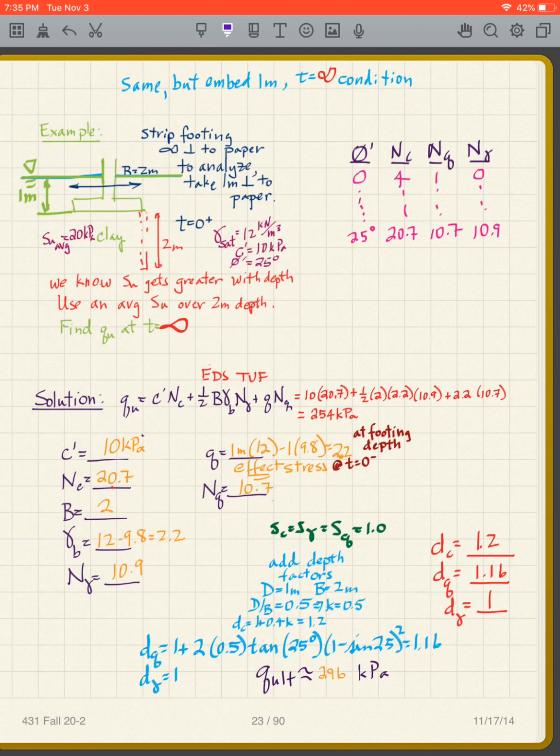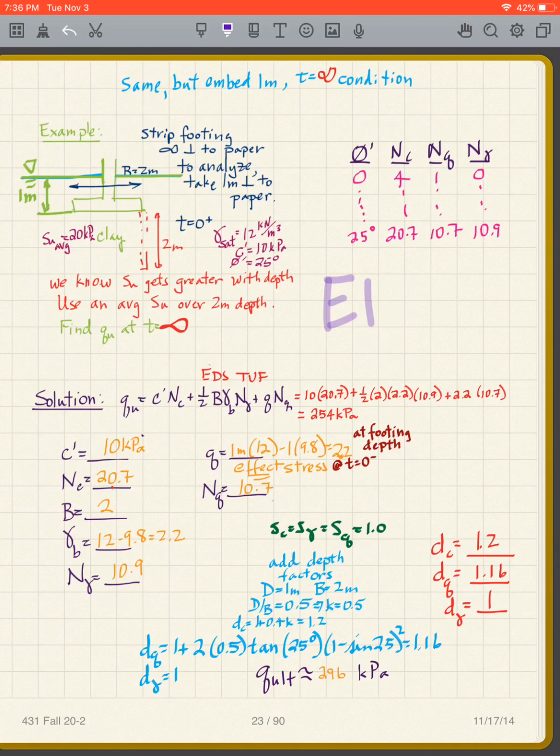Okay, so now we're going to do the same problem at the t equals infinity condition. So again, we're going to embed it 1 meter. So we have our 1 meter embedded, but now we're going to do t equals infinity, which means what? Now we are effective drained slow.